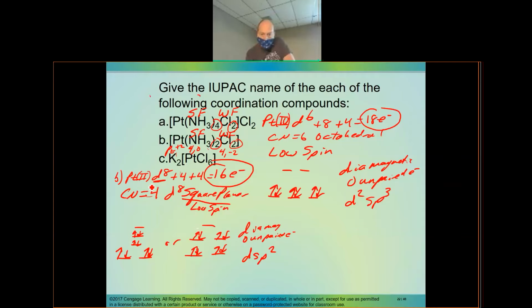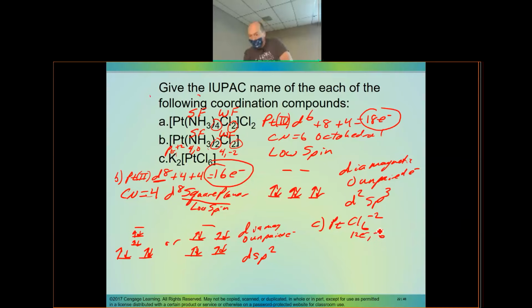All right, part C. Part C is PtCl6 with a charge of minus 2 because we have our 2 K pluses. We have our 6 Cls. Each Cl is a 2 electron, charge minus 1, so this is 12 electrons total and minus 6 total.